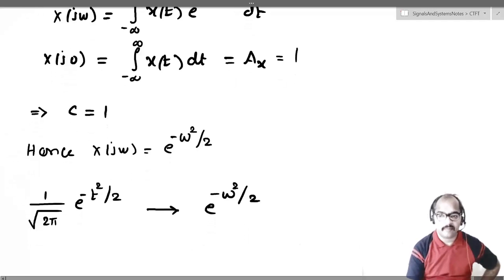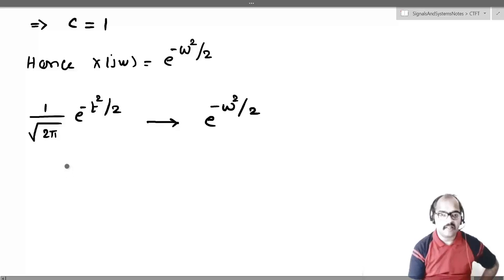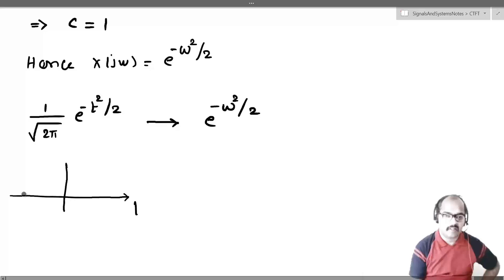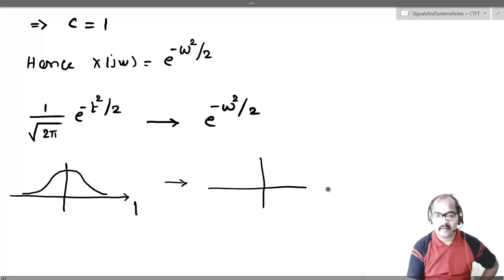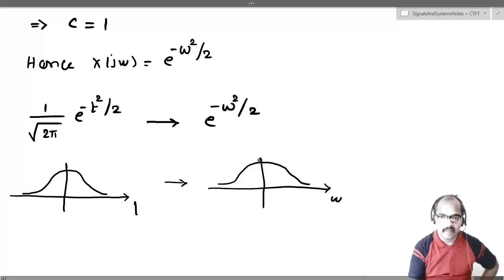Just to summarize in graphical notation, this is the standard normal function. So you get a Gaussian function like this. On the right-hand side, the Fourier transform will also have a similar shape. The Fourier transform would also be Gaussian, but at omega equal to 0, that value is 1, while at t equal to 0, this one is 1 by root 2 pi.